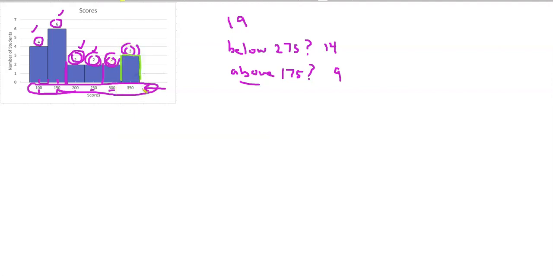It could be anywhere between 325, which is right here where this tick mark is, and 375. That means the highest possible would be 375. We don't know if anybody actually got a 375, but if you understand the lowest and highest values that pertain to that bar, that it goes from 325 to 375, then that's the highest possible score somebody could get in that particular interval.